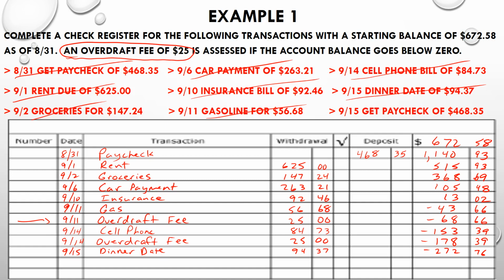But now, because once again you spent money you didn't have, we're going to hit you with yet another overdraft fee of $25. So now you owe the bank a total of $297.76.